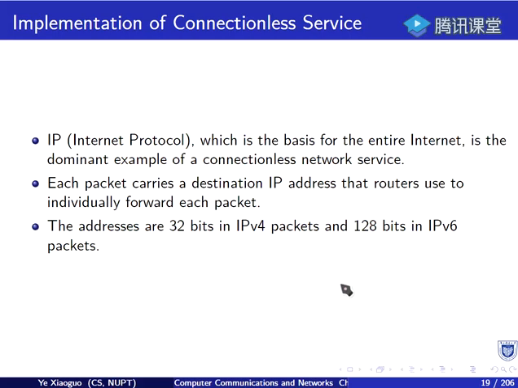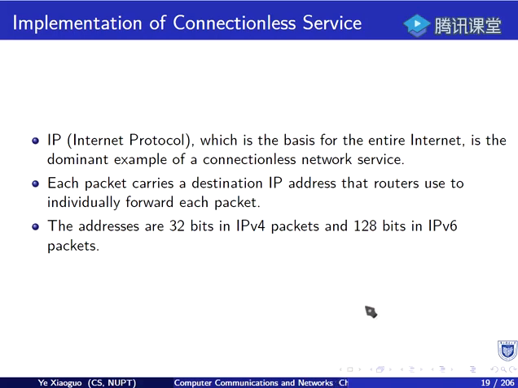IP, the concept of which we will talk about in detail, is the basis for the entire internet. It's the dominant example of a connectionless network service. Each packet carries a destination IP address that routers use to individually forward each packet.